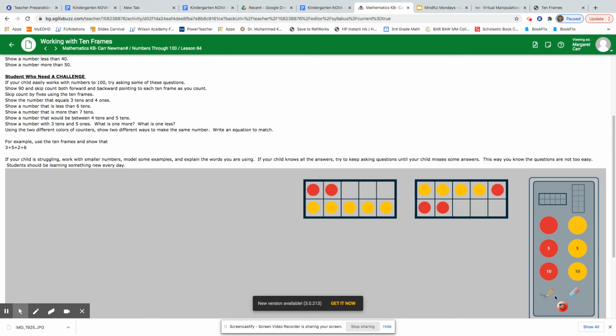If they do this, you might ask them to use their pencil and paper and show you that 2 plus 5 equals 4 plus 3. Now, this is a very advanced skill for kindergarten, so please only introduce this idea if your child is ready.